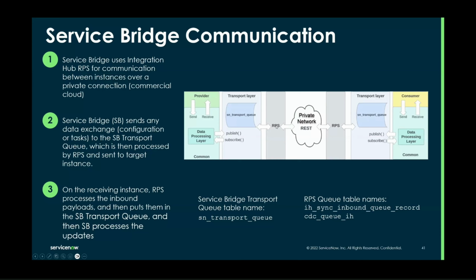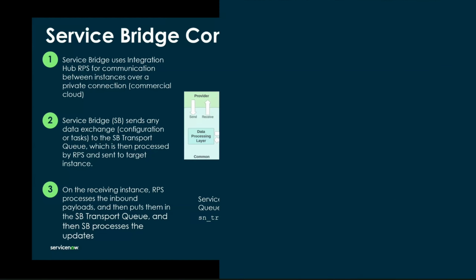You should see it in the outbound queue of RPS on the provider side. Then reciprocally on the consumer side, you'll see it come in on the inbound queue, then hit the transport queue, and then you'll see that update. And so it gives a little more information to be able to understand that process, if there's any investigation that needs to be performed or something is not working as it should.